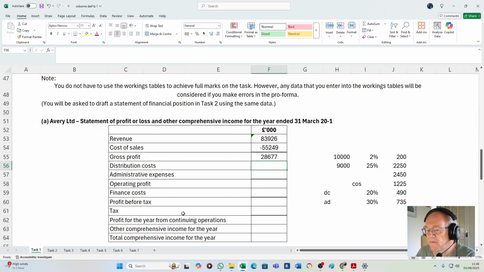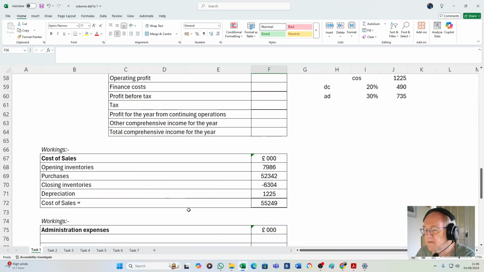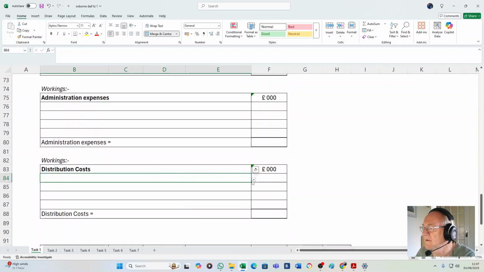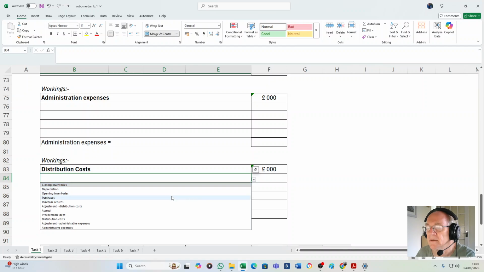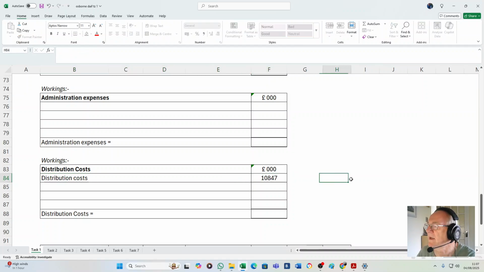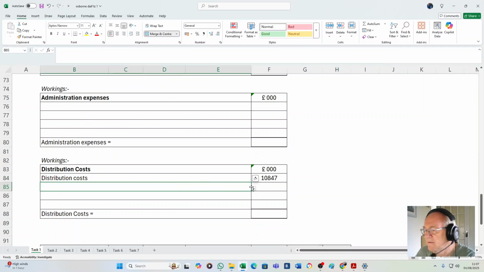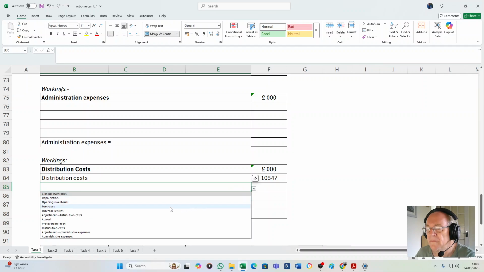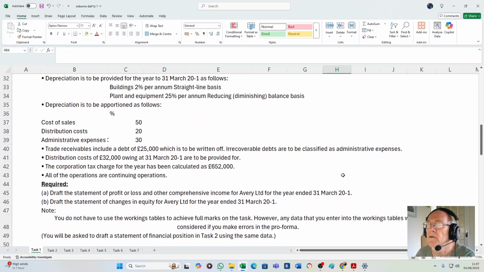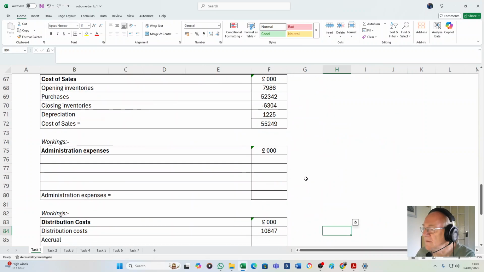So we've got the trial balance item, workings out box, which is down here actually, but not in the right order. So the distribution cost off the trial balance was 100847. Then we've got the accrual, which is from the note here about distribution cost, 32,000.